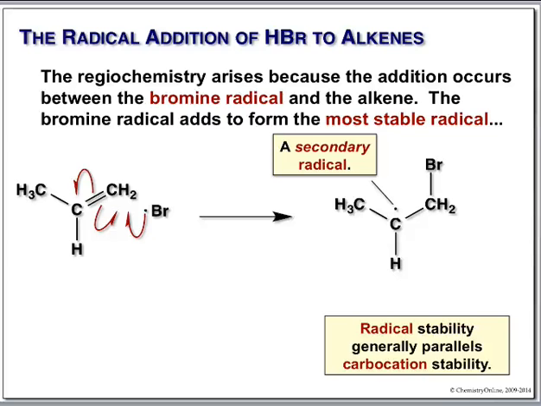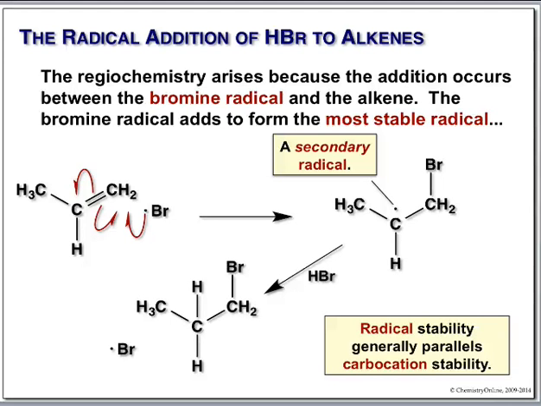Now, what's this radical going to do? Well, it's unhappy. It doesn't have enough electrons. It's going to react with another mole of HBr, pluck off a hydrogen, and generate the bromine radical all over again. And then this will do another cycle and another cycle and another cycle.